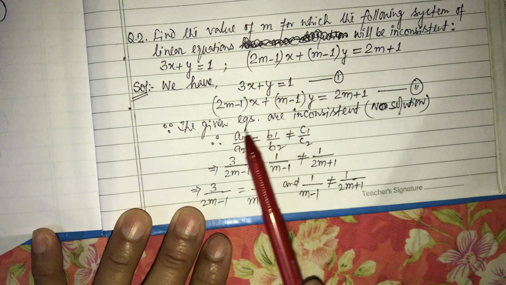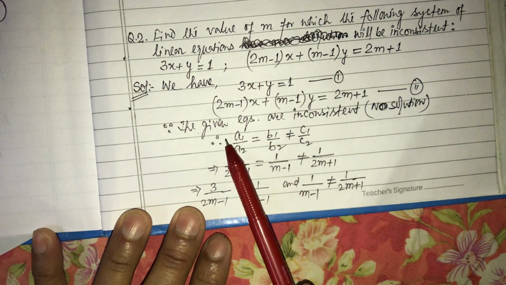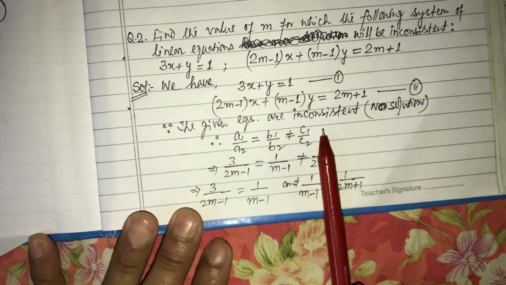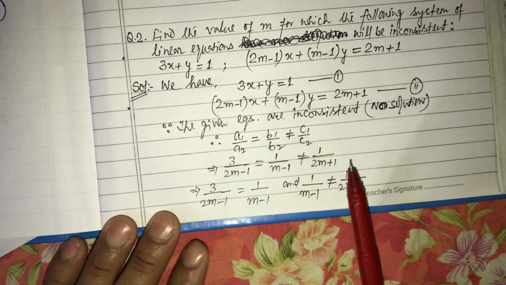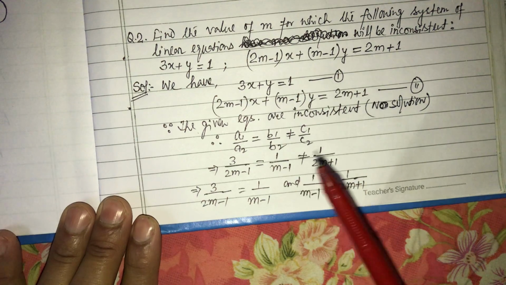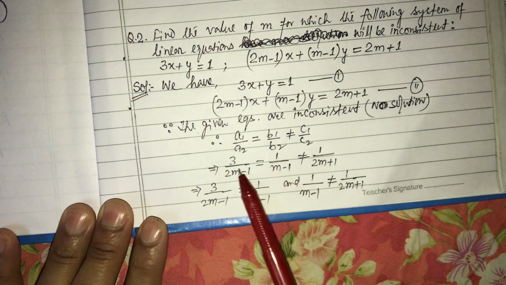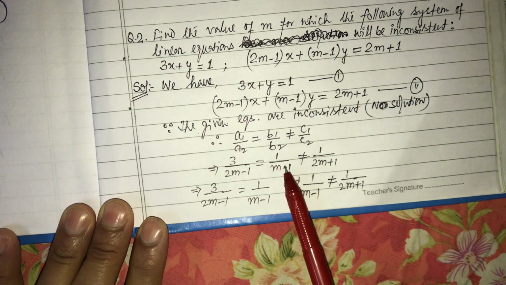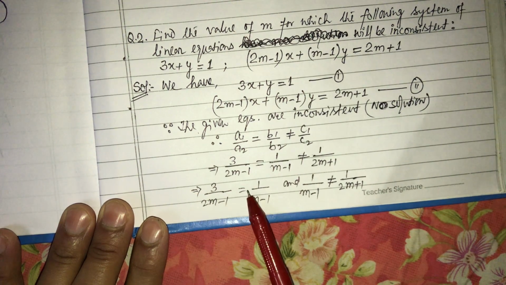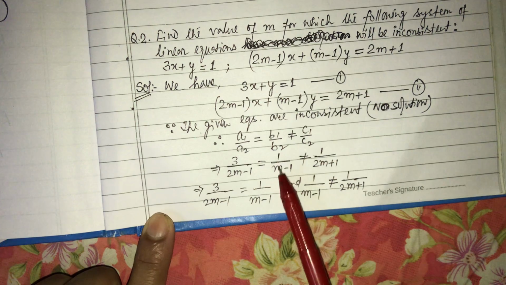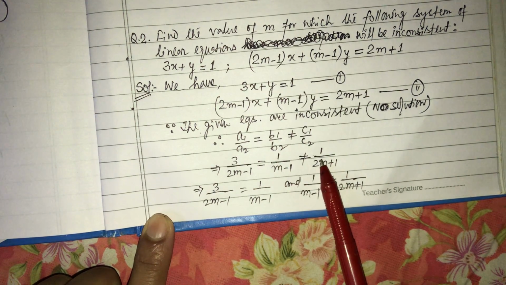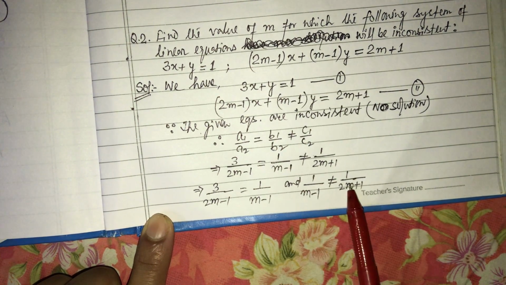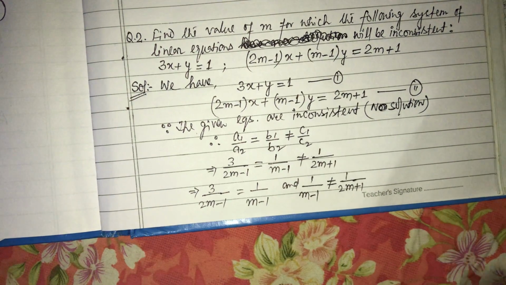So this is the first relation, second relation, and again first and last, third relation. So we don't need to go for all these things. So we'll pick up directly the first two relations, 3 by 2m minus 1, 1 by m minus 1 I wrote here, and then I took the second relation, 1 by m minus 1, and this. Okay, this I kept here. So we will solve both.